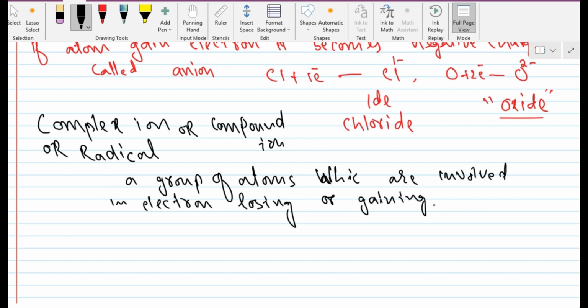A group of atoms involved in electron gaining or losing becomes a radical or complex ion.